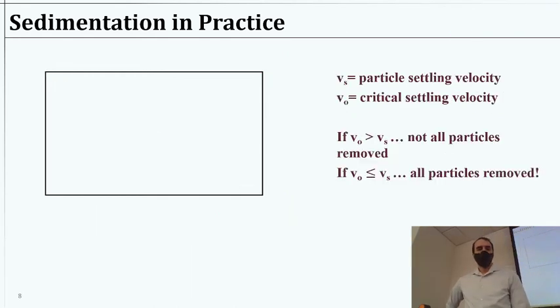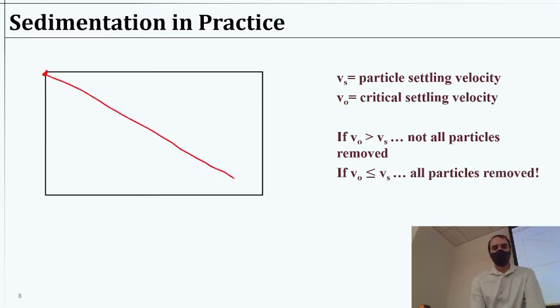Okay. So, what happens if our V naught is greater than Vs? If the velocity that is exactly the speed that we need is more than the particles are settling, then not everything's going to get removed, right? Because we have V naught being this one here. Assume that's straight.